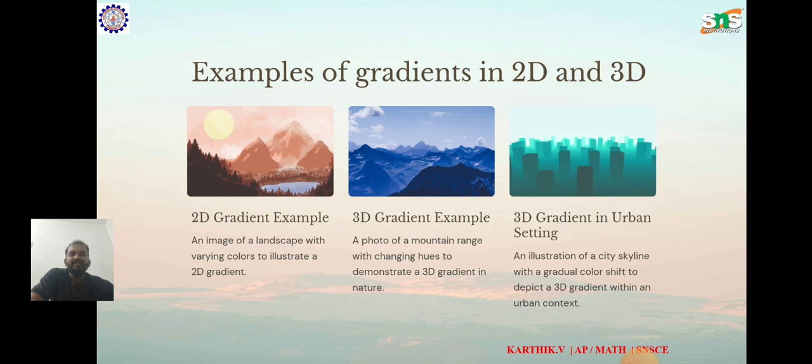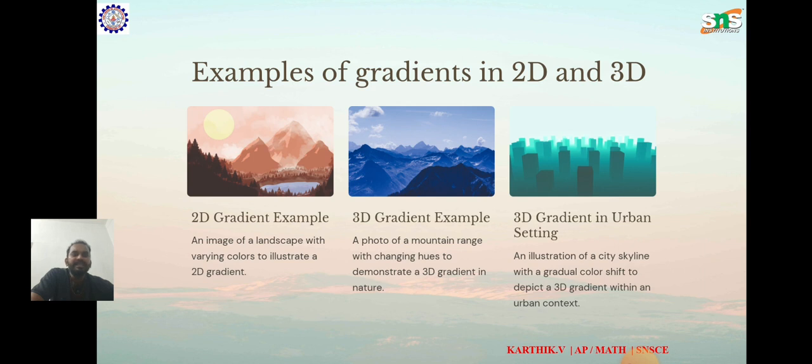Then the gradient is del f equal to (2x, 2y). This means that at any point (x, y) in the plane, the gradient vector points in the direction of the steepest increase of f, and its magnitude represents the rate of change of f in that direction.